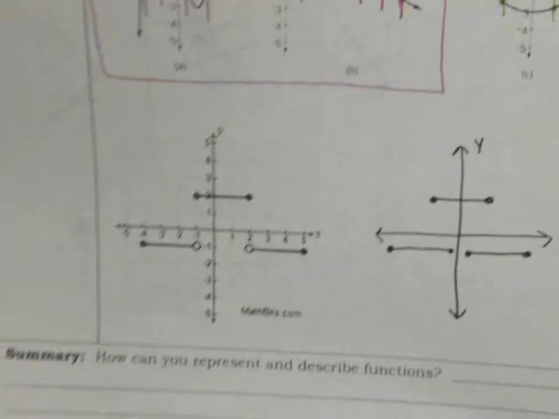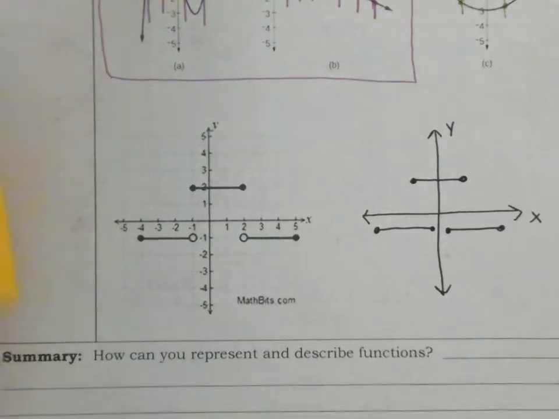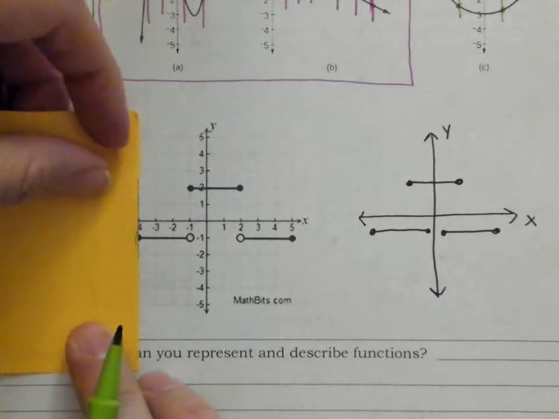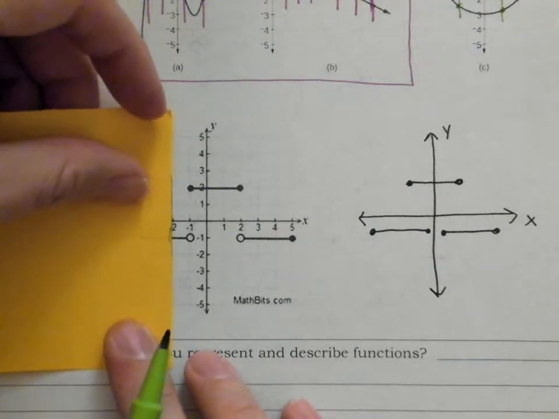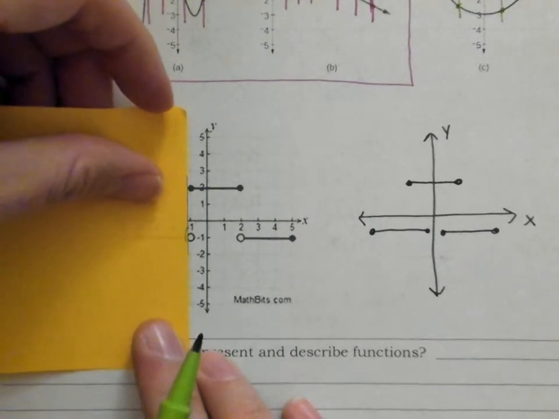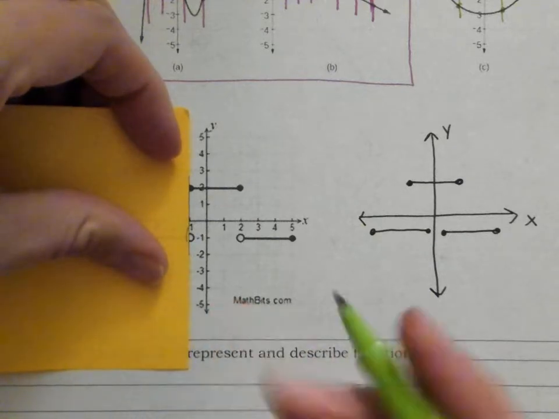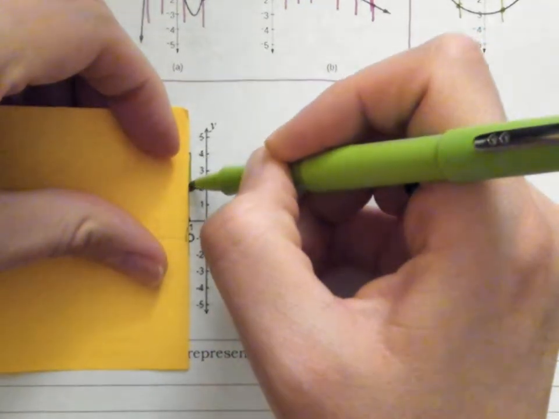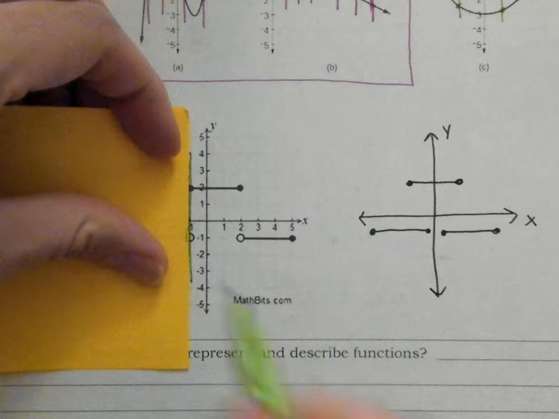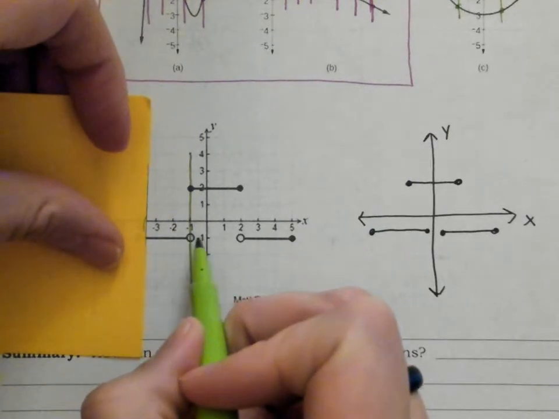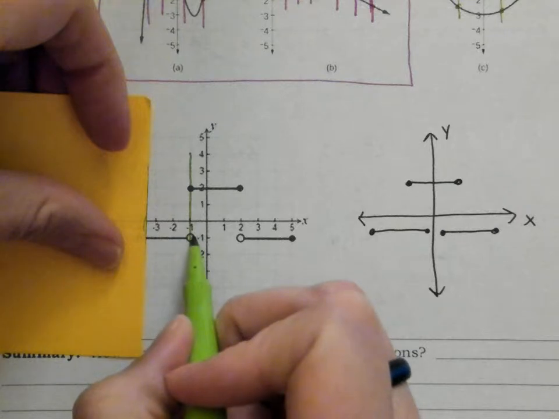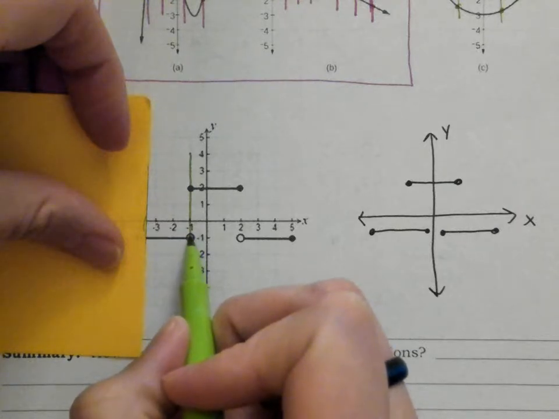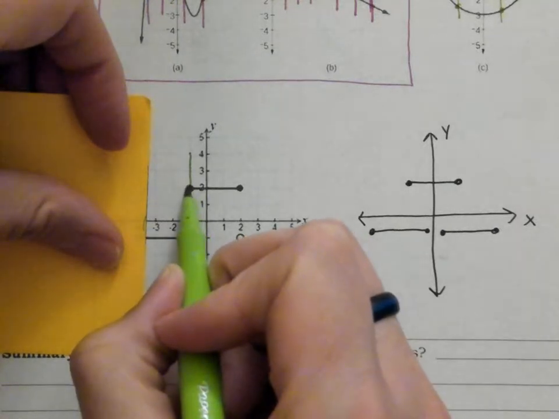All right, so we have a couple more down here. So vertical line, at this moment, my yellow Post-it is only hitting 1 point. Going to keep dragging it over. When I get here, I'm actually touching what looks like 2 points. However, remember, open circles are not solutions. So really, that's just kind of an ending point, but it's not included, whereas this one is included.